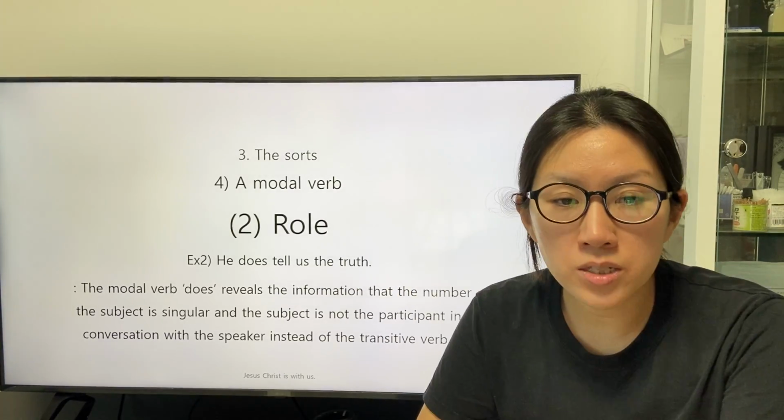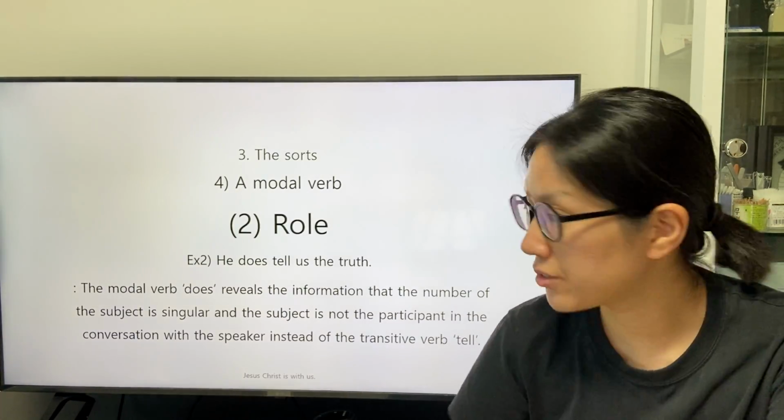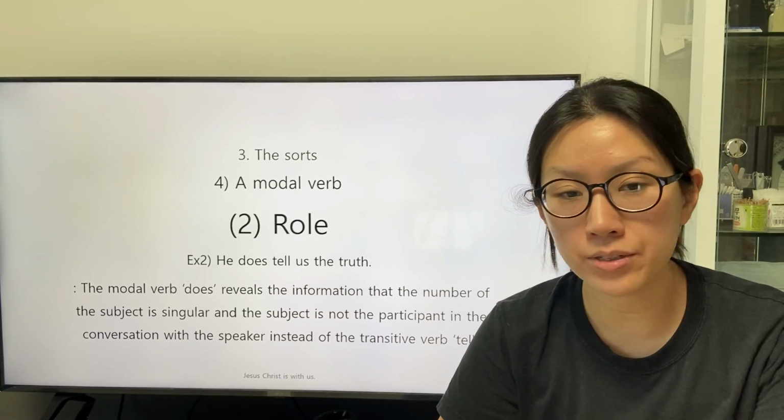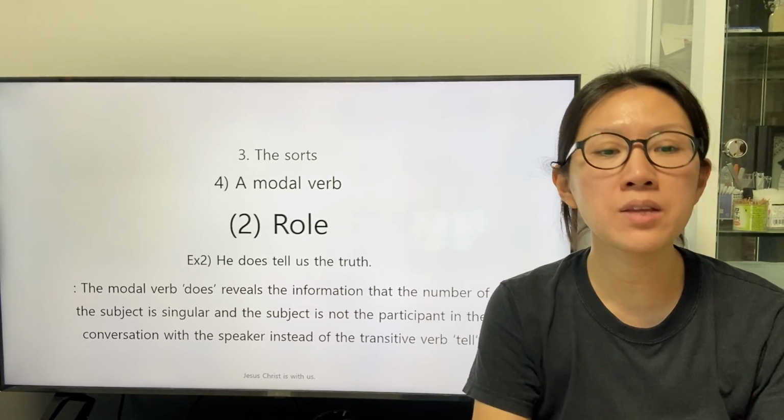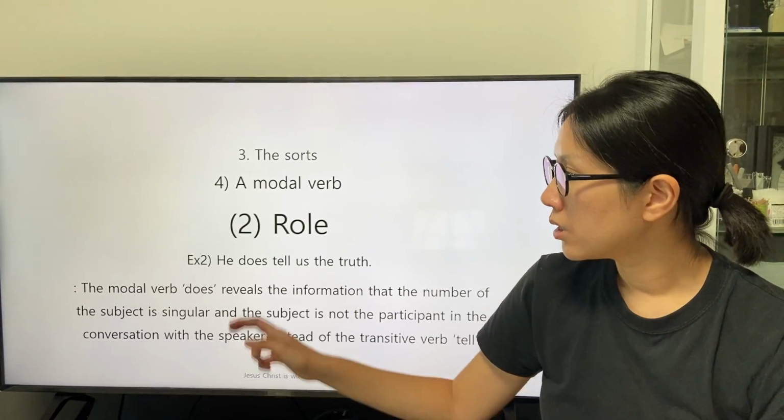The modal verb does reveals the information that the number of the subject is singular and the subject is not the participant in the conversation with the speaker, instead of the transitive verb tell.